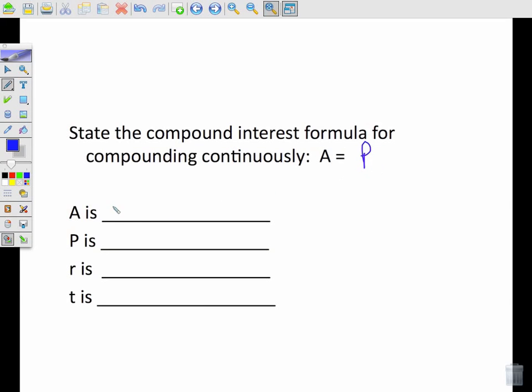So A is the amount, P is the principal, e to the, now this e is our number e, to the RT. So it's PERT. I always remember PERT for compound interest. So R is the rate and T is time, how many years?